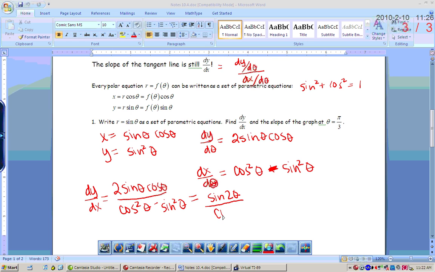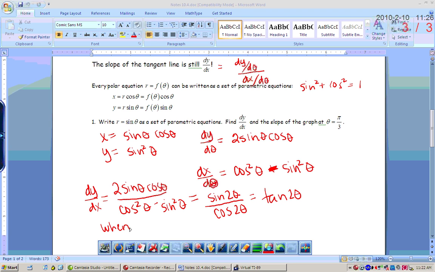Cosine 2 theta. Now those are not something that you have to have memorized, but look at what we're going to do here. We're going to find the slope of the graph at theta equals pi over 3. Would you rather plug in pi over 3 into the tan of 2 theta, or would you rather plug it into the original 2 sine theta cosine theta over cosine squared minus sine squared? So it gives you a little bit of motivation here. So there's my dy dx.